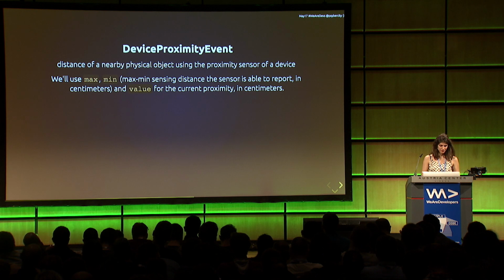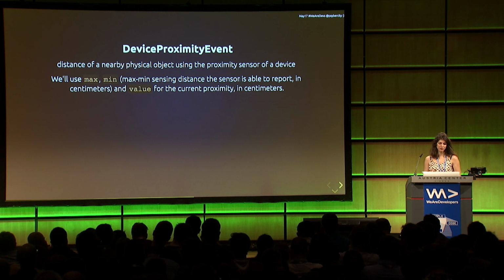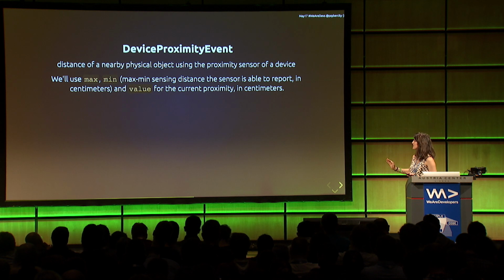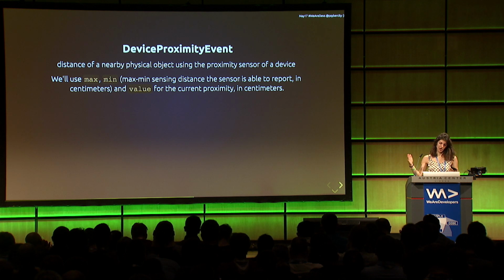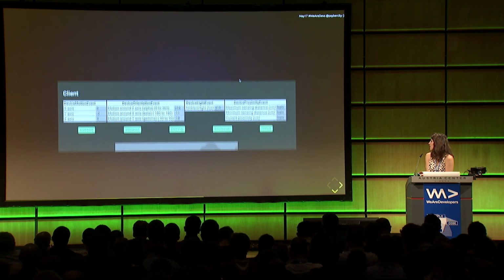The last one is the proximity sensor, which detects the distance of a nearby object. It uses min and max values, which are the distance the sensor is able to report, and the value is the current proximity. Again, you have the device proximity event.